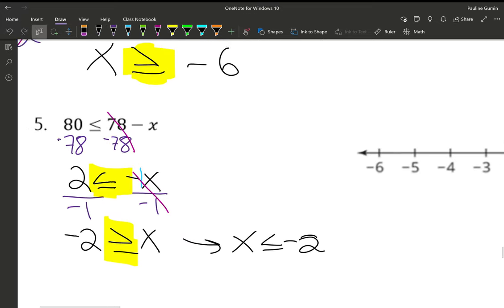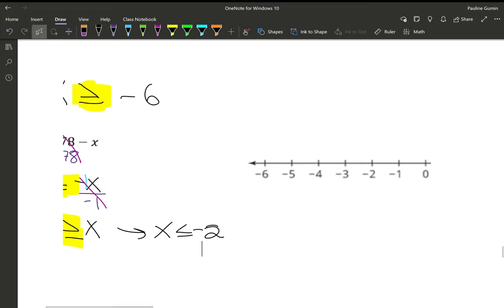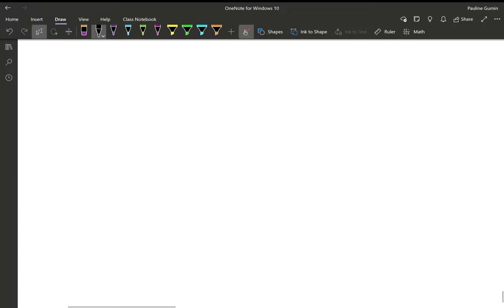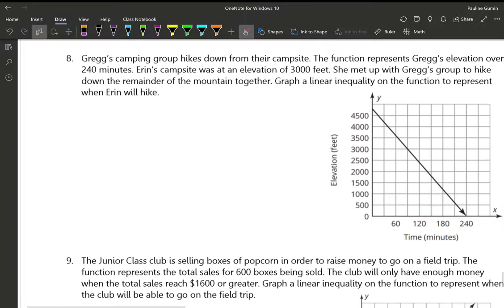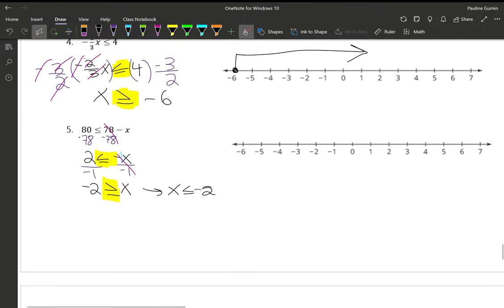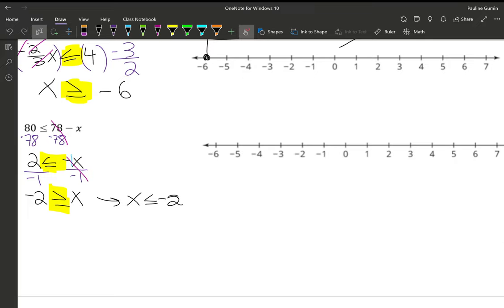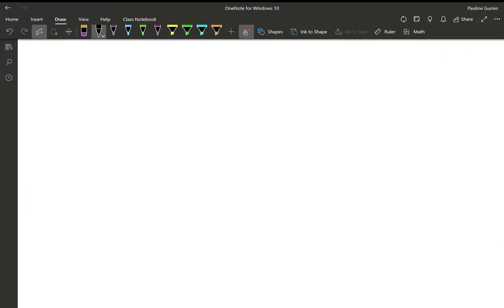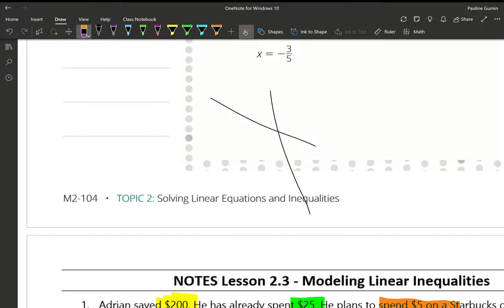Let's check it out. So negative 2 gets a dot. Oh no, where did it go? Okay, phew. So negative 2 gets a closed circle. Oh no, it did it again. What is happening?